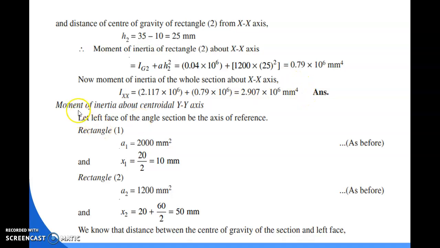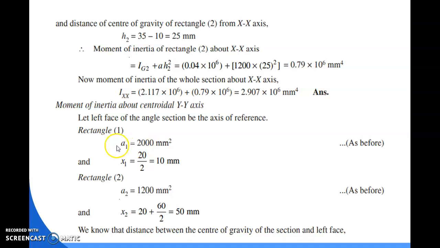Similarly, along the y axis, we have to follow the same procedure, but only the axis will be different. So hence, we have to calculate the center of gravity first, and after that we can calculate the moment of inertia.